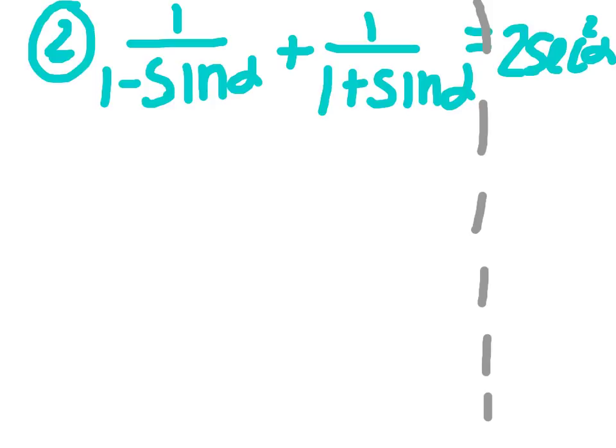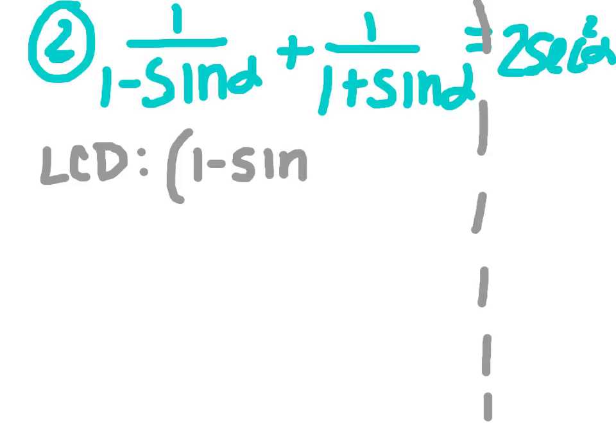Now, when I'm adding two fractions together, we really need to try and figure out what would be our least common denominator. And a lot of times when I don't know what our LCD should be, I'm going to think of it as just multiplying those two denominators together.